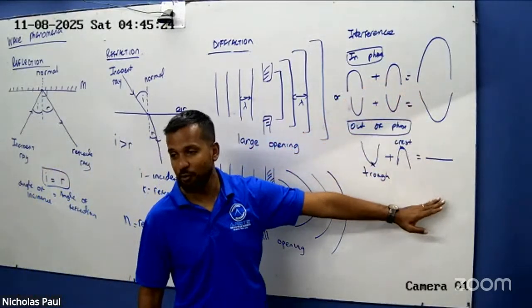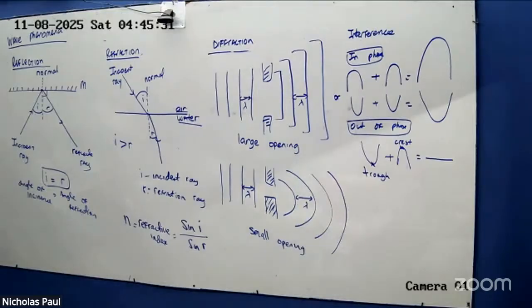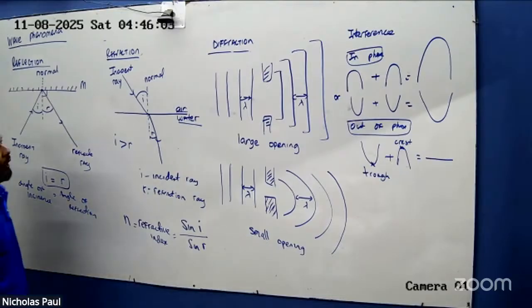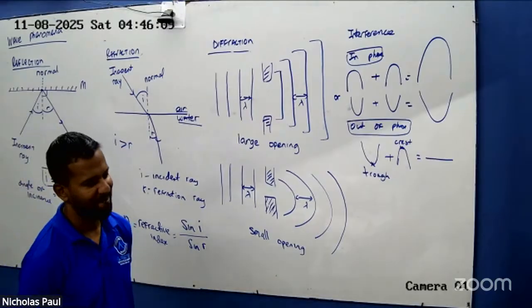Next to this, destructive interference. Right, so we have constructive and destructive.